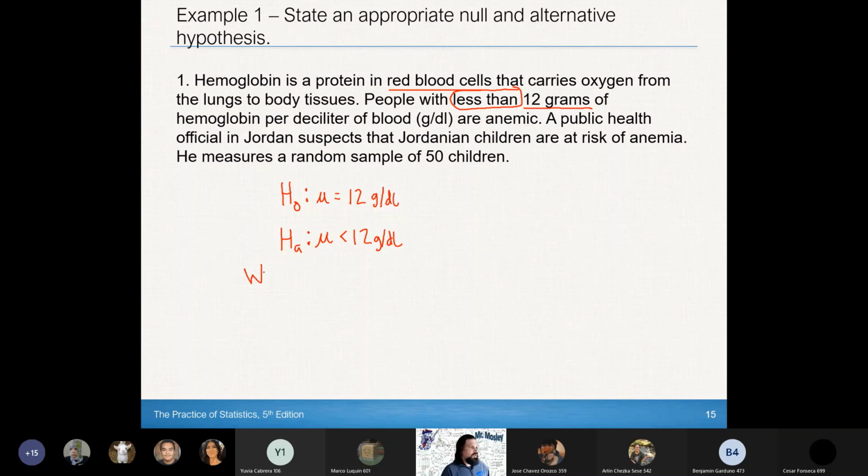Right? So we can write where mu is the true mean amount of hemoglobin in Jordanian children.